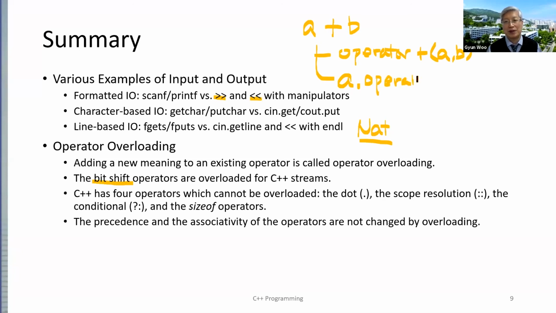So operator plus B. So for the member function, it cannot accept two parameters; instead it accepts just a single parameter. Okay. So actually C++ is overloaded instead of you. So that's why today's problem is very simple.